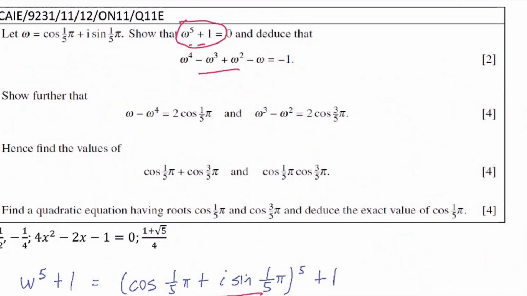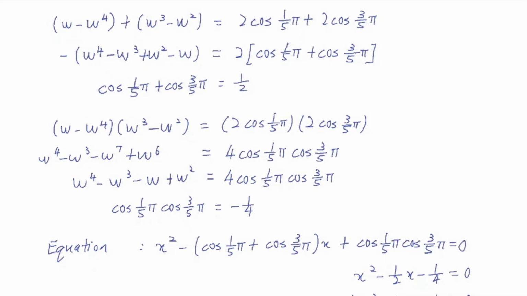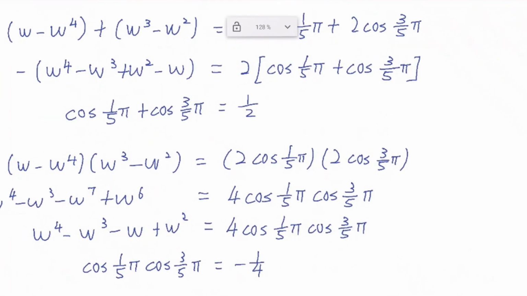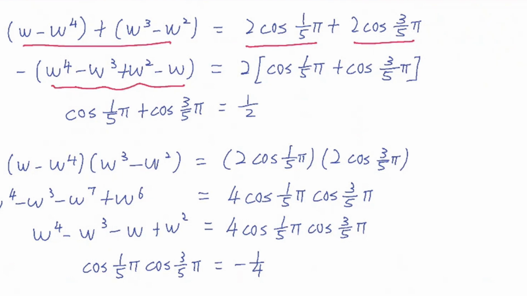When we add up cos 1π/5 and cos 3π/5, for the left-hand side we actually have something like this. What is this? This is in fact the negative one. We have already proven that.